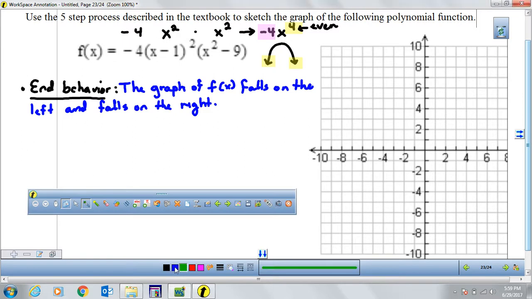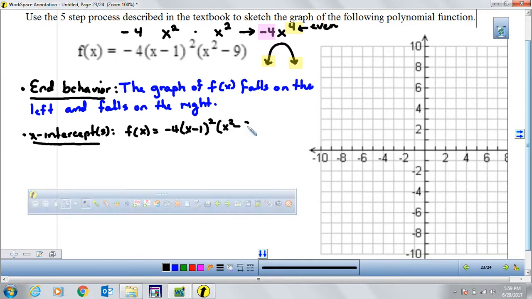Second, the next thing we're going to find is the x-intercepts and their multiplicities, and if it touches or crosses the x-axis. To find the x-intercepts, we set y equal to 0, then we factor and solve for x. Fortunately, we don't have to factor much because it is already factored.